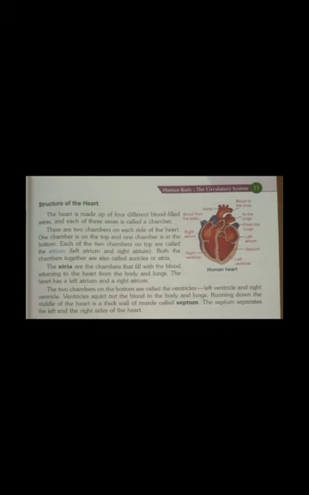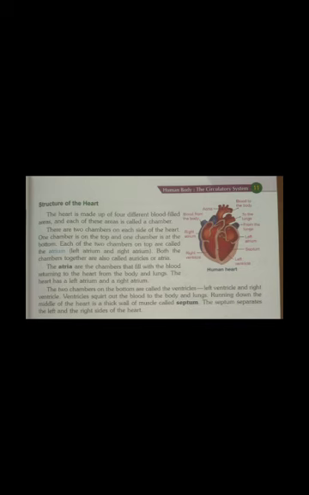And the heart is present in the middle of the chest, a little towards the left side, and it is protected by the rib cage, right? It is a little bit backward to the lungs. In front we have lungs, and lungs and heart both are protected by the rib cage.